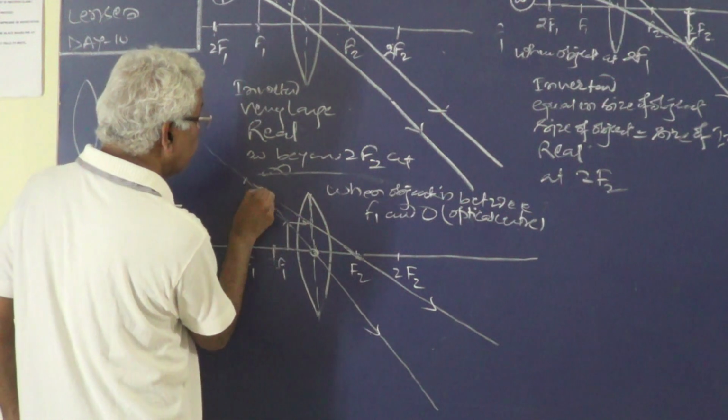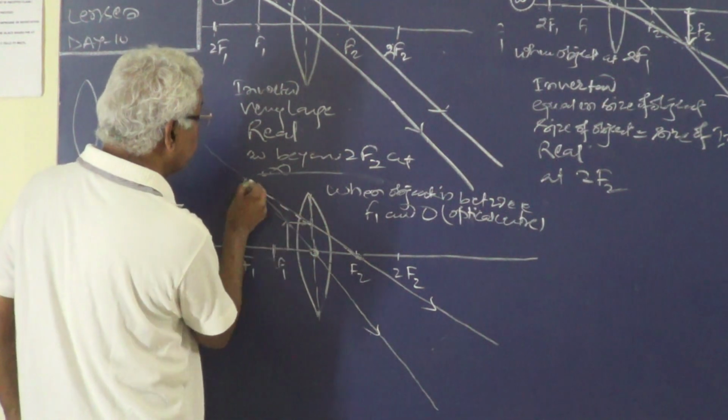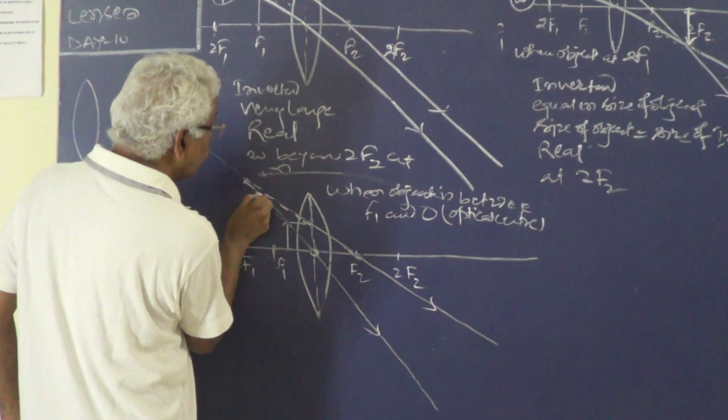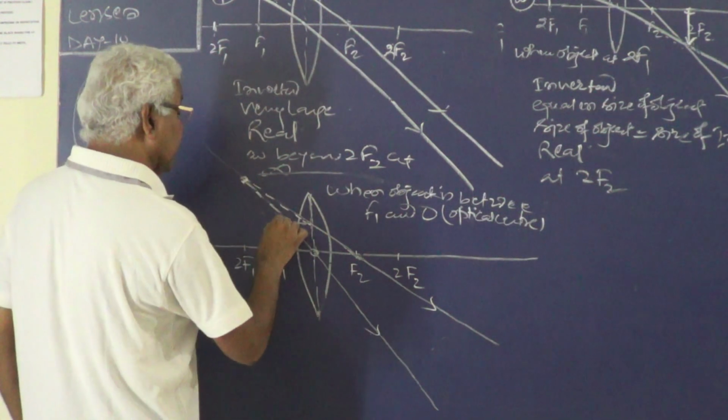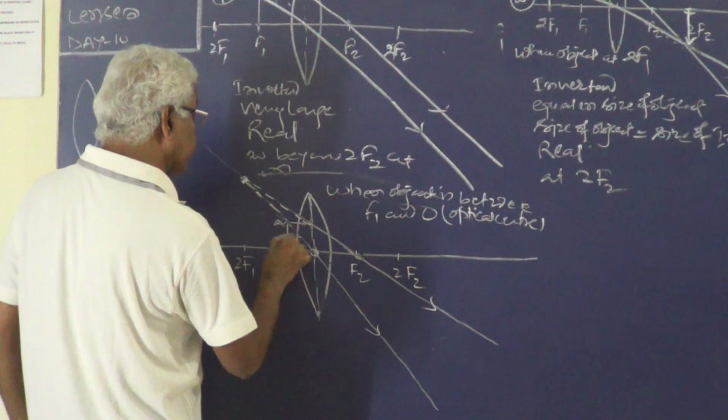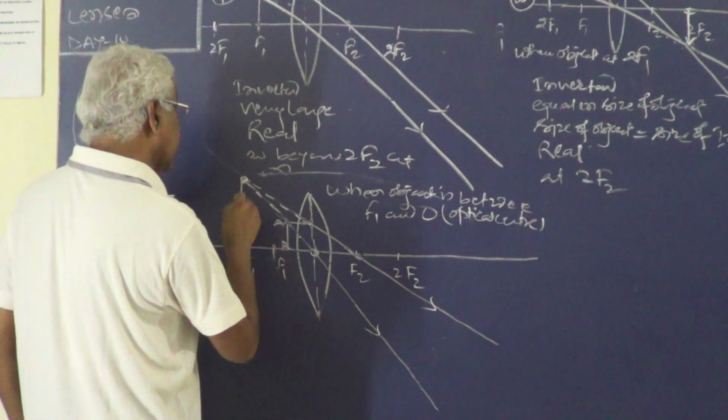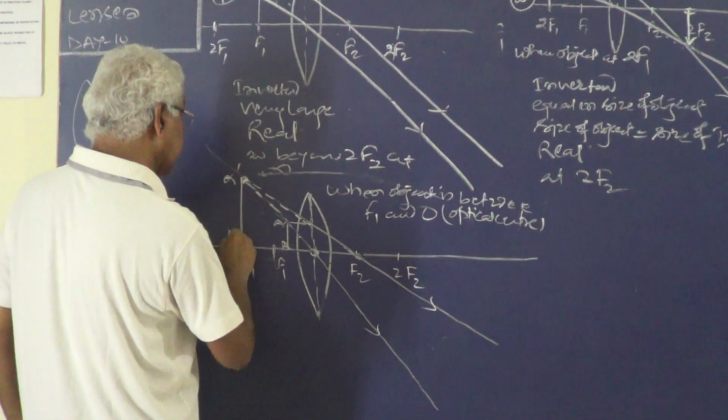Now your image is formed here, it is your A, B, and then it will become your A dash and B dash.